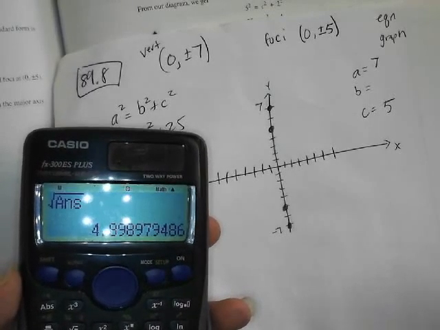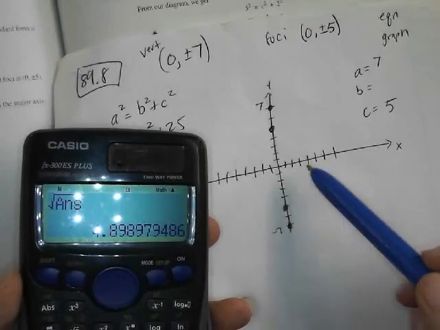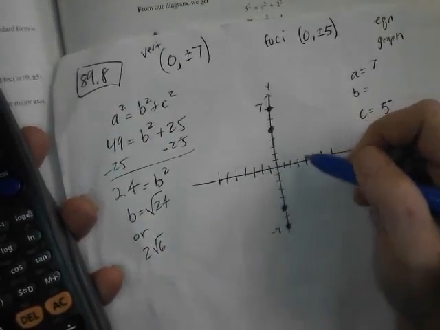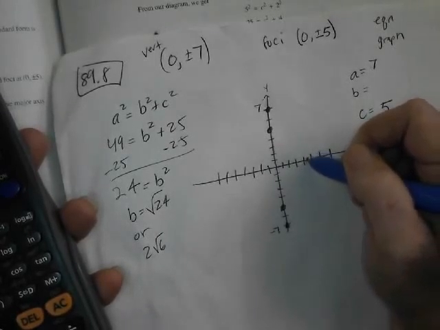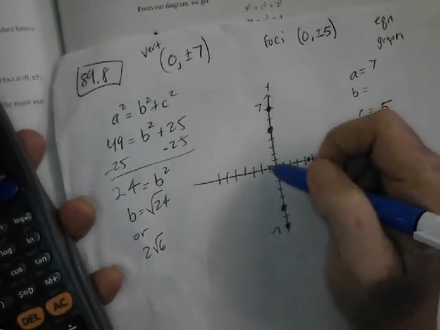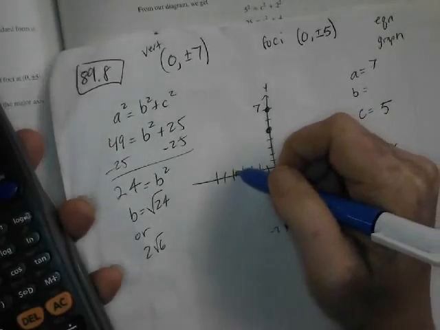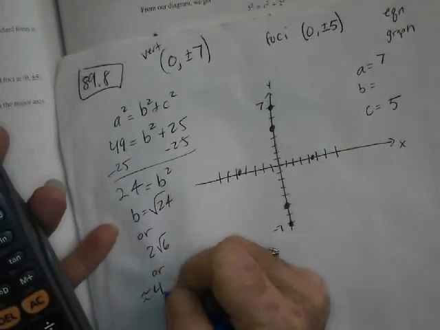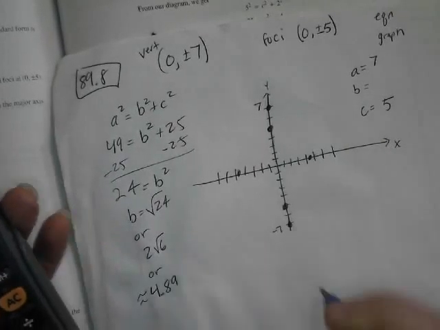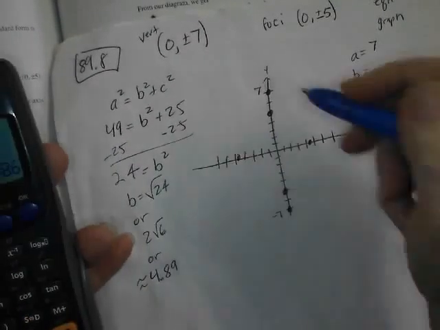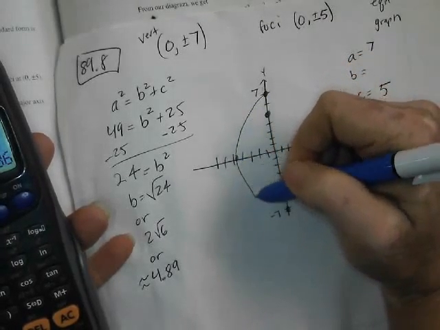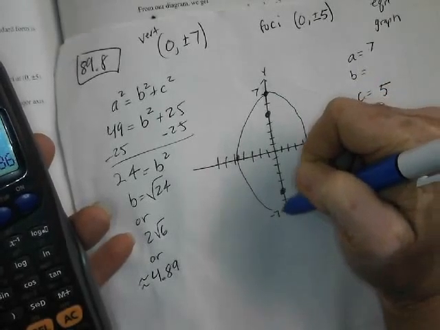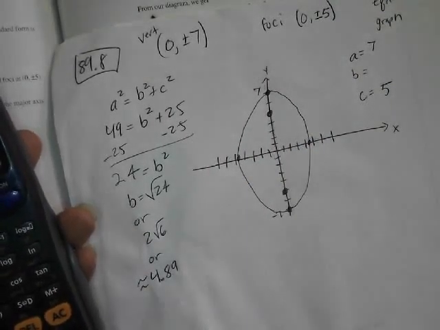So I'm going to treat it as being very close to 5 when I draw it on my graph. So 1, 2, 3, 4, 5. So it's somewhere in there. I just wrote all that down. So now it always looks like a football that something happened to it. There it is. Not the nicest looking one.